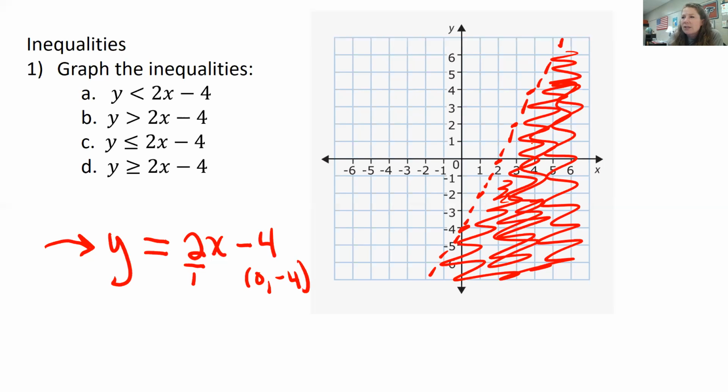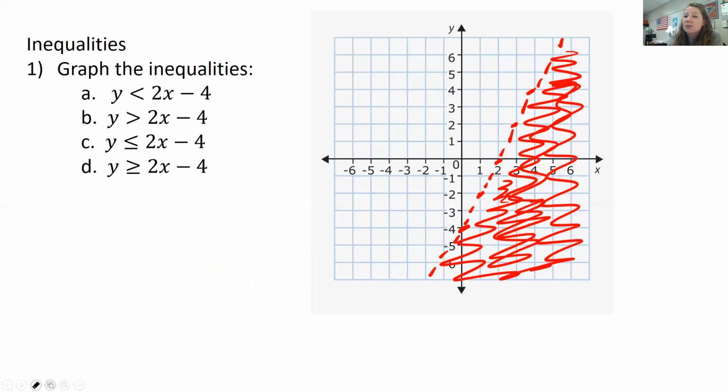The video that was part of this lesson said you need to pick a coordinate, plug it into the equation, and see if it's true or false. The video recommended that you always use the origin, which is (0, 0). So let's plug in (0, 0).